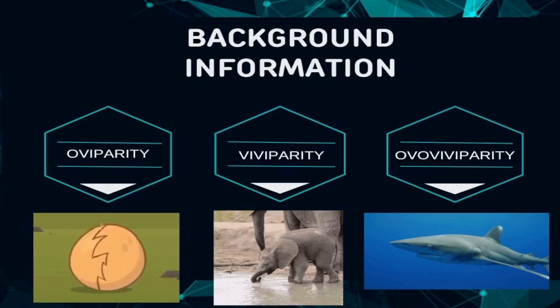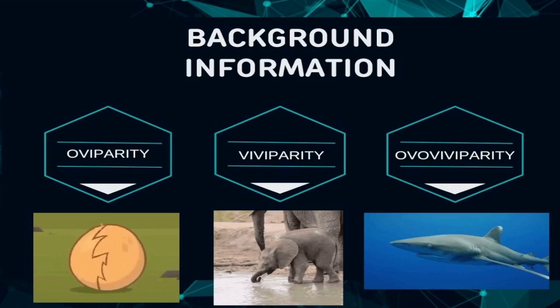It is by the reserved yolk that is found in the egg. So all its nutrition would be utilized from this reserved yolk, and the embryo is going to grow up into a young one, and later on this young one will be released from the female body.